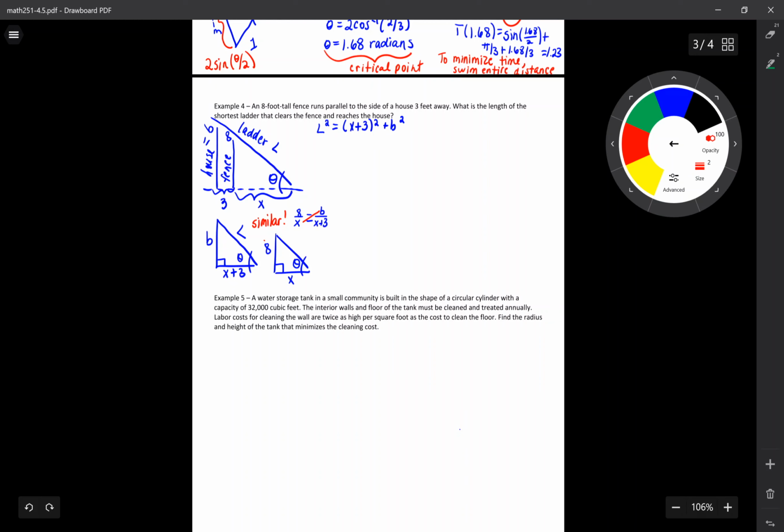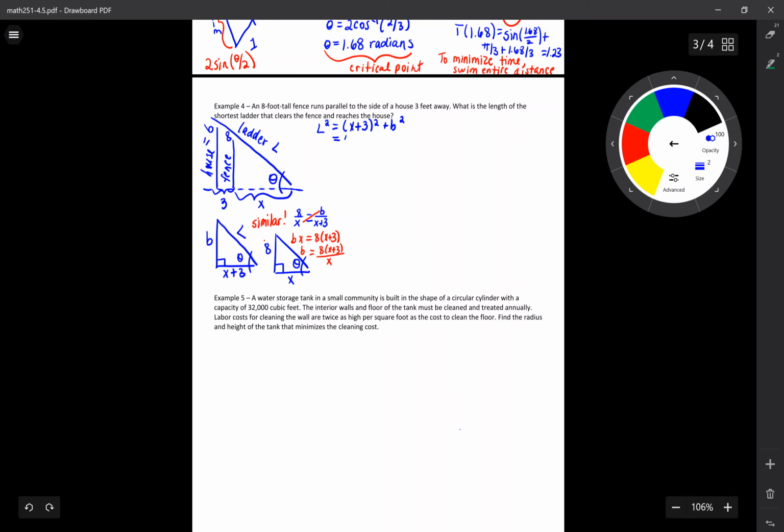If I cross multiply, I get bx is equal to 8 times x plus 3. And dividing through by x gives me b is equal to 8 times x plus 3 divided by x.